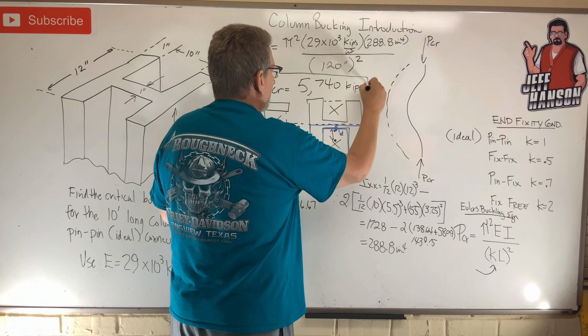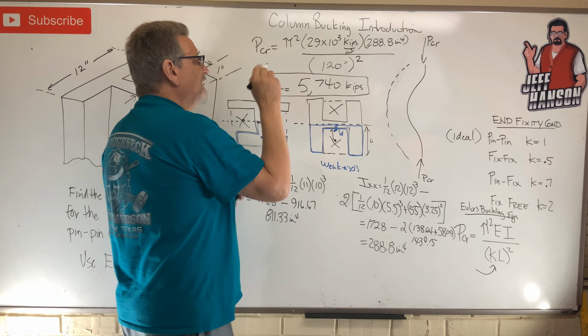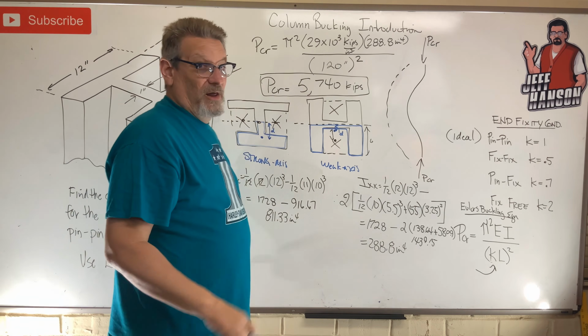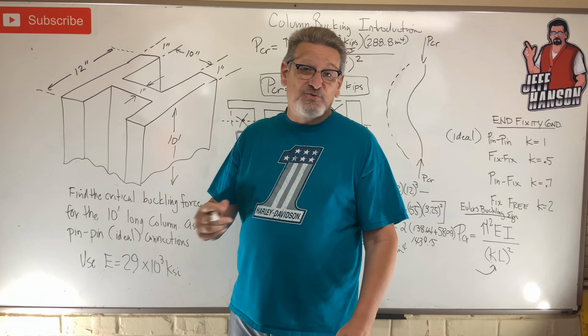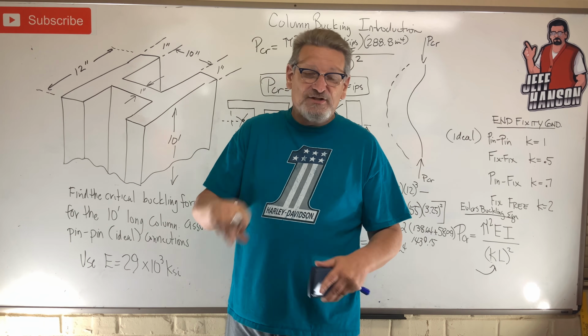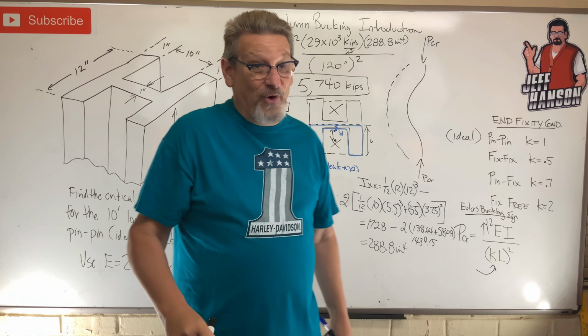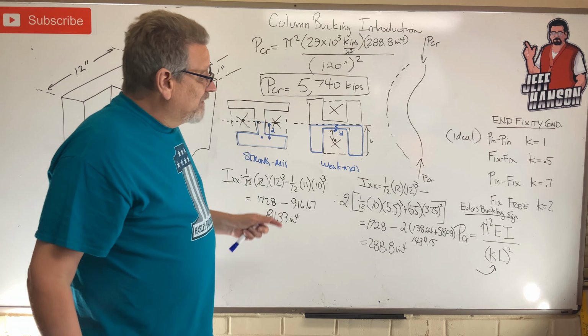Now remember, a kip is 1,000 pounds, so we're talking about a lot of weight, aren't we? But that's a 12-inch I-beam with 1-inch flanges. That dude is going to carry some weight now. So there you go.